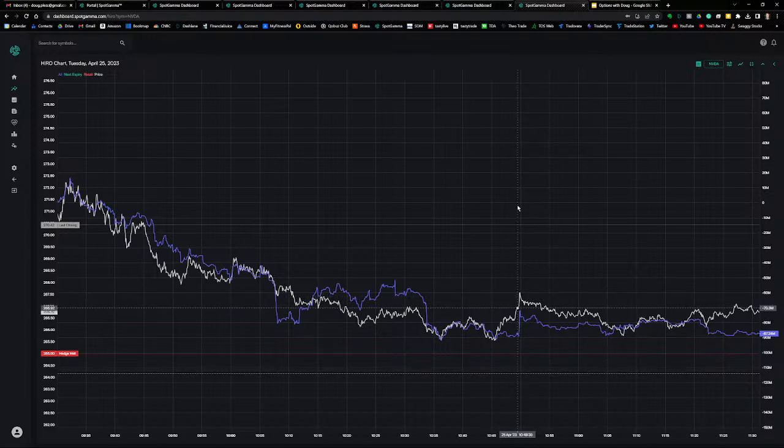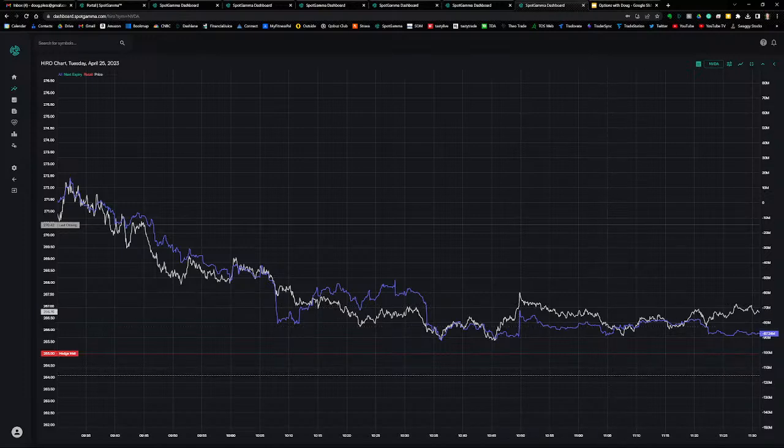And that's the type of setup that I like to look for. I like to look for Hero moving one way, price moving the other, up to or down to a key level, and then reversing at that key level, getting in sync with the options trade. That type of setup is much more likely in the S&P 500.